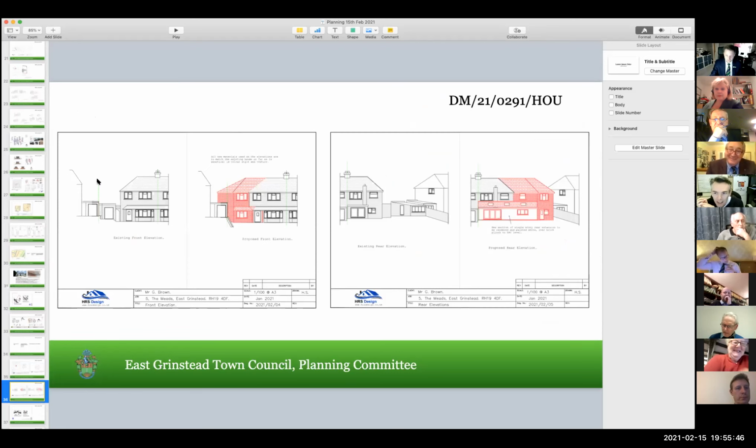Thanks, Chair. I don't really have any reservations. It's a big extension, but there are other properties that have done something similar. I would, if we can, make a note of what the neighbour, Mr. Glenister, did say about the property owner confirming that he'd make provision to stop the water going into his roof.